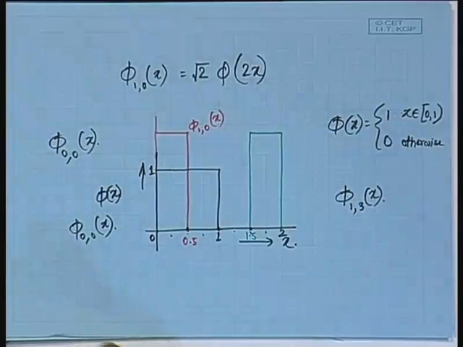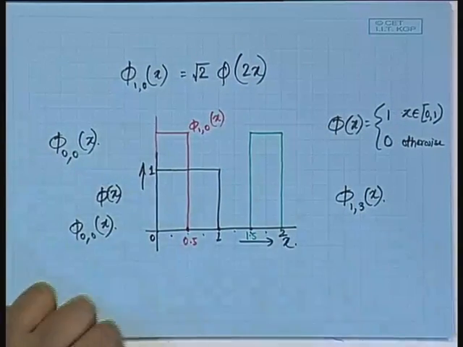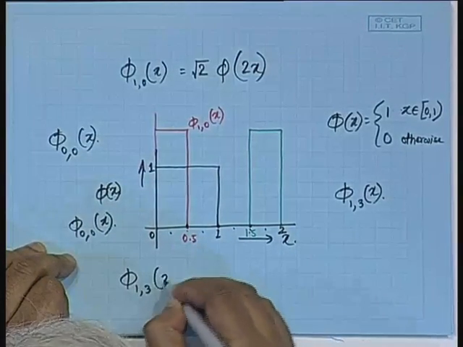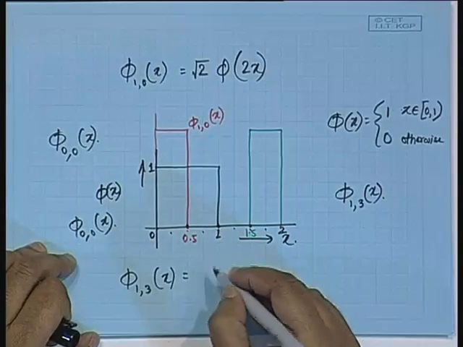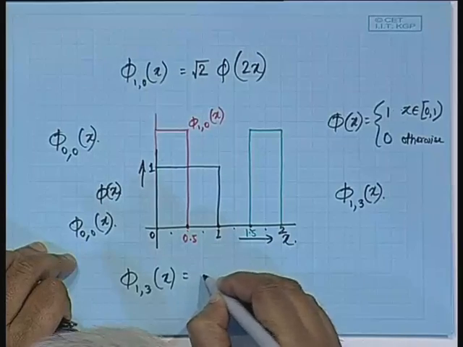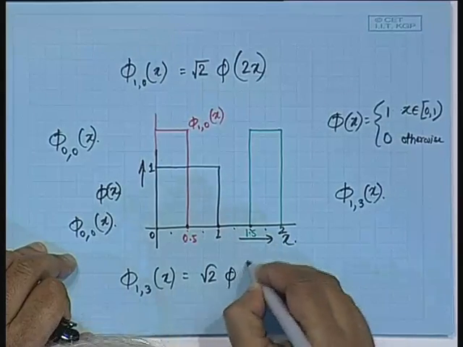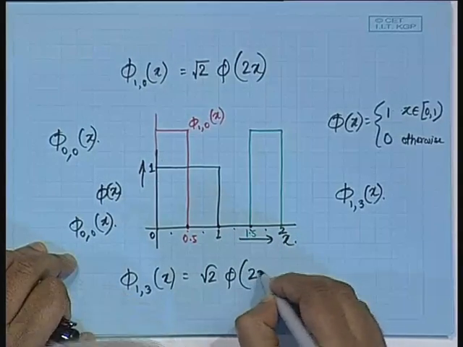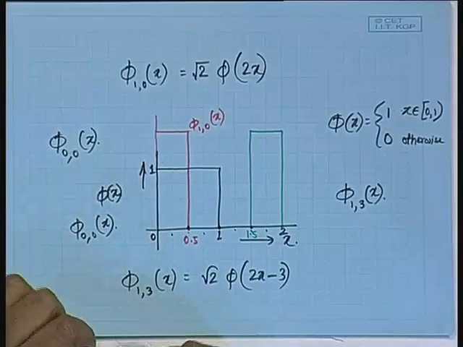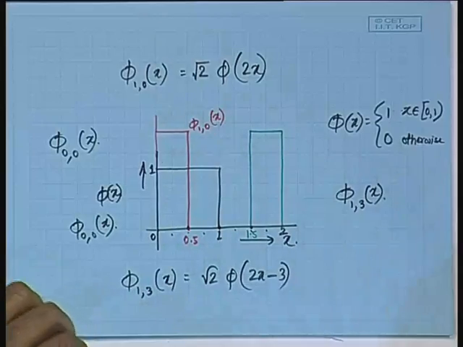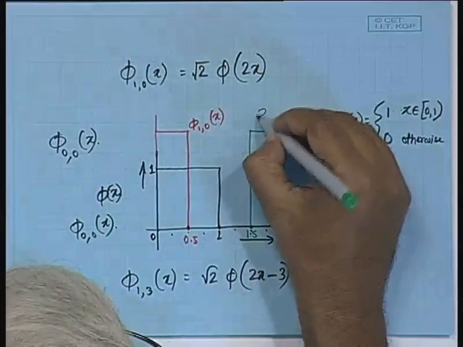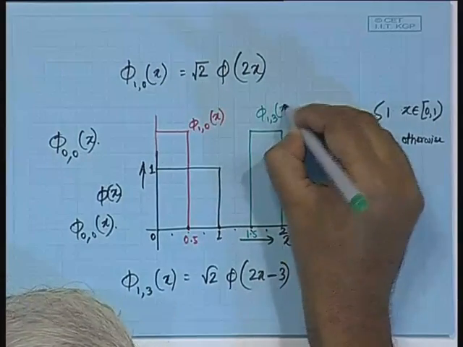So, in fact, what will be the function of phi 13 x if you write it? Phi 13 x in terms of the maths, it will be written as root 2 phi 2 x minus 3. So, its width is going to be 0.5 as before. So, this green one will be our phi 13 x.